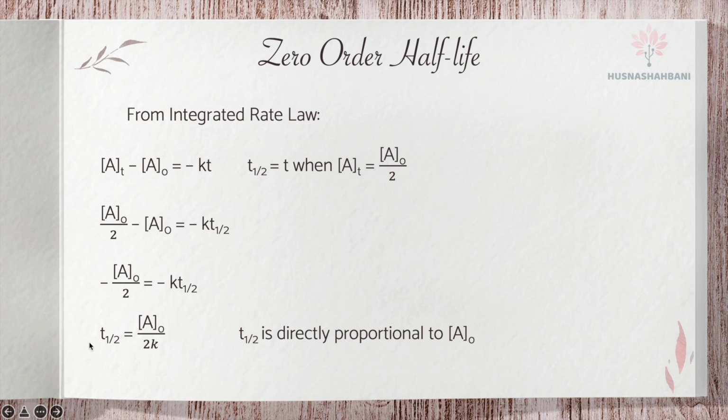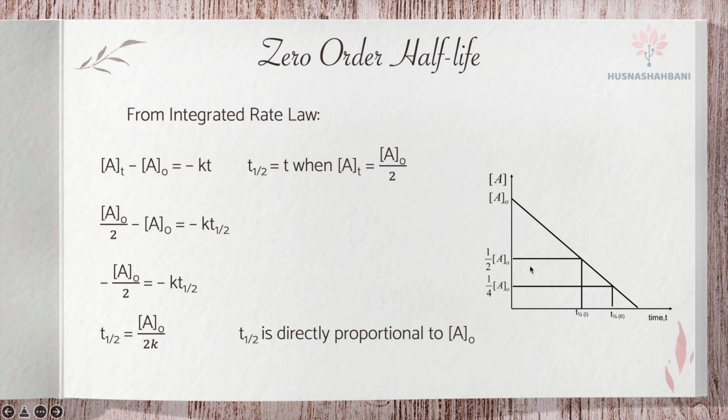You'll get the equation of half-life: [A]0, the initial concentration of reactant A, over 2k. From this zero-order half-life, we know that half-life is directly proportional to the initial concentration of reactant A.